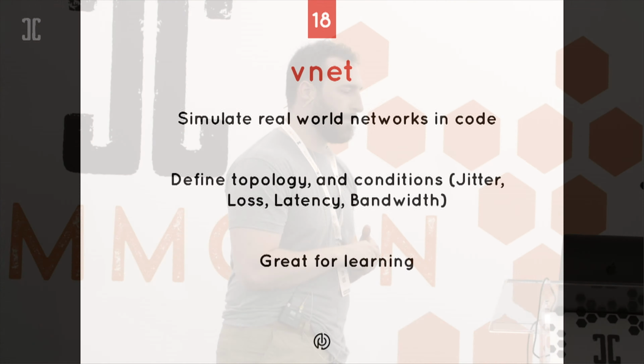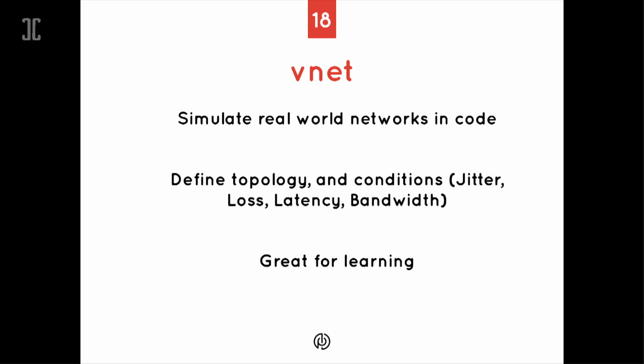So vnet is the idea that if you're frustrated with your application falling down in real-world scenarios, so to the Pion constructor, you can pass a topology, and on top of that, you can pass the network conditions. So you can say, oh, I have 3 peers, and one is behind a NAT, one allows TCP only, and stuff like that.